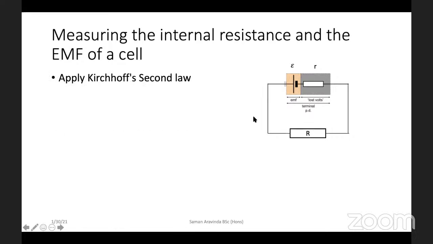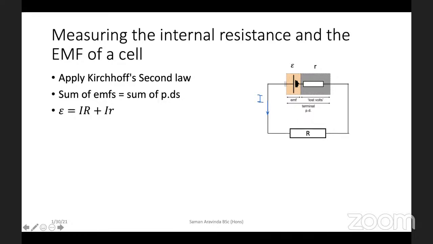If you apply Kirchhoff's law, the sum of all EMFs is equal to the sum of potential drops. So epsilon is equal to what? Let me draw the current through the circuit. Say there is a current I passing through the circuit.